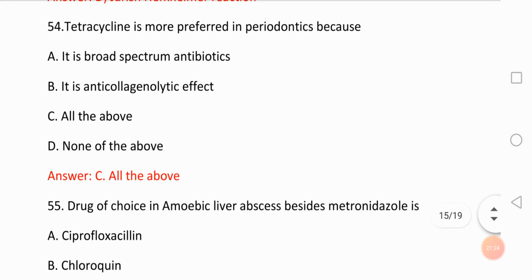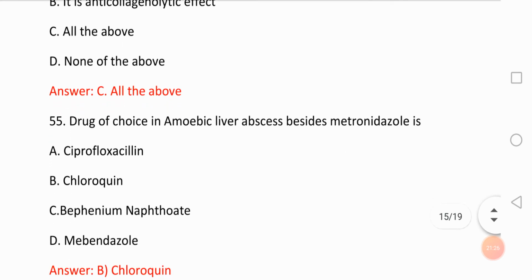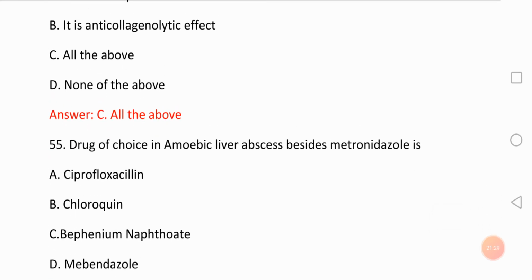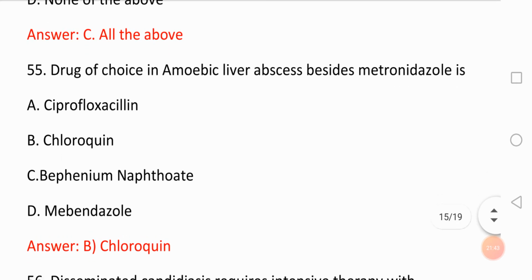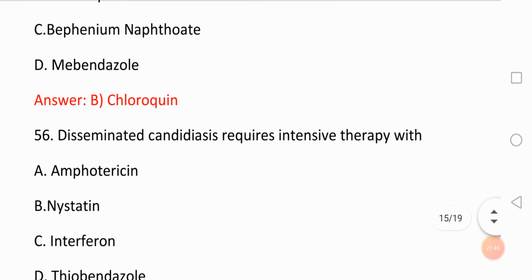Because it has both broad spectrum antibiotic and anti-cholinergic effect. 55. Drug of choice in amoebic liver abscess besides metronidazole is A. ciprofloxacin, B. chloroquine, C. bephenium naphthoate, D. mebendazole. And the answer is B part, chloroquine. 56 question.